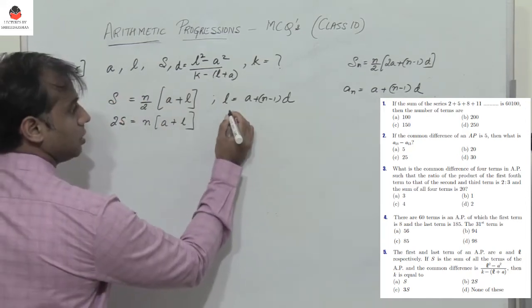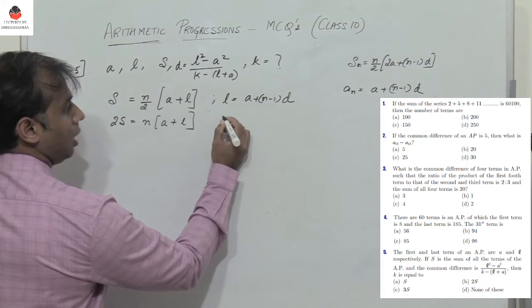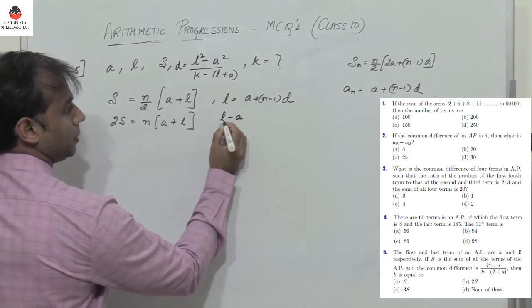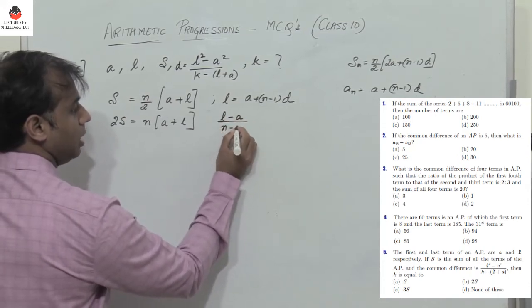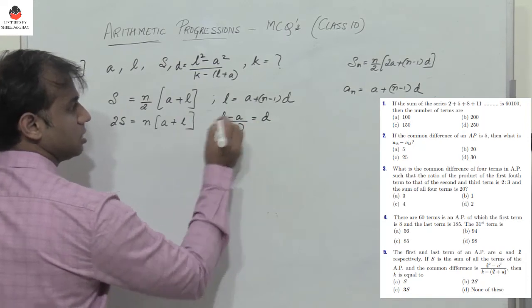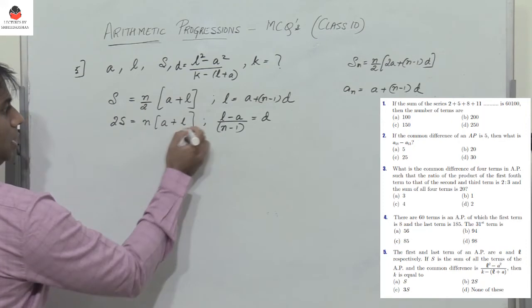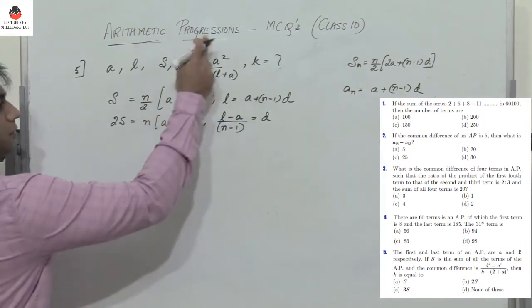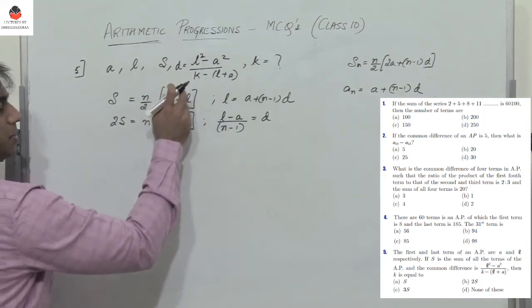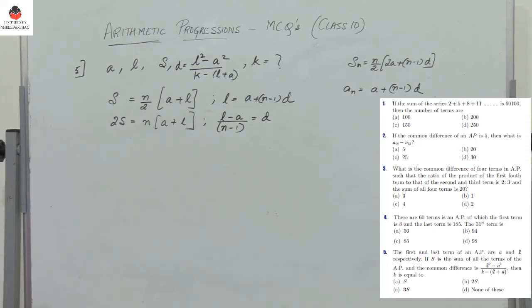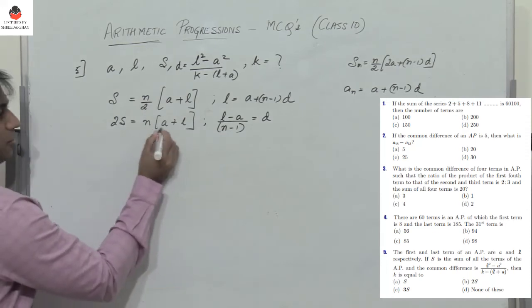Now from this, we find that L minus A divided by n minus 1 equals D, isn't it? So D is L minus A divided by n minus 1. Now, if you observe the common difference here, the expression given in the question, you do not have n. Now what is n from this expression?